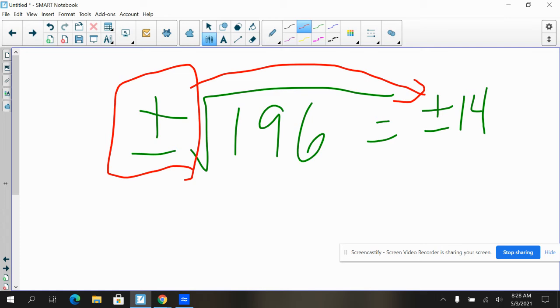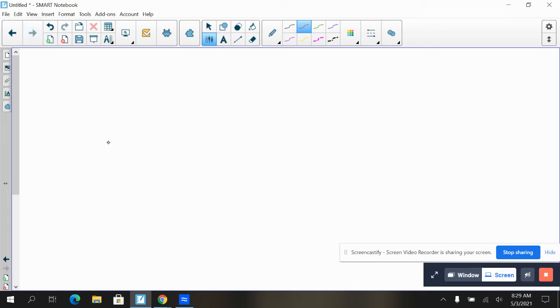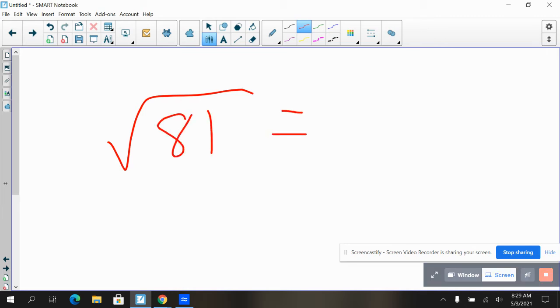Positive, you do nothing. Negative, you got to carry it over. Positive and negative, you got to carry both over. So if we just had the square root of 81, your answer would just be 9. That's it. You don't have to put plus 9 because it's a positive number.